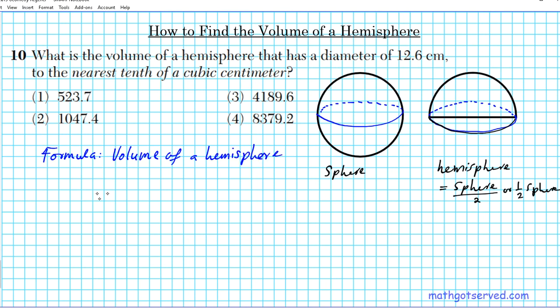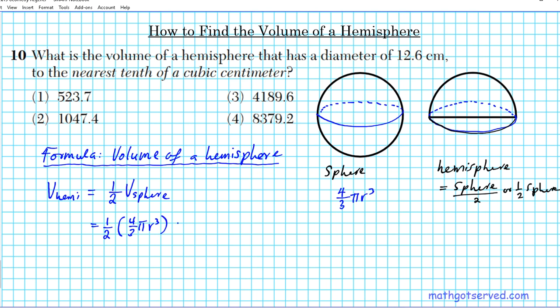Okay, so the formula for the volume of a hemisphere, let's just call it V of Hemi, is equal to 1/2 the volume of a sphere. So what's the volume of a sphere? The volume of a sphere is 4/3 pi r cubed. So the volume of a hemisphere is going to be half of that. It's going to be half of 4/3 pi r cubed.